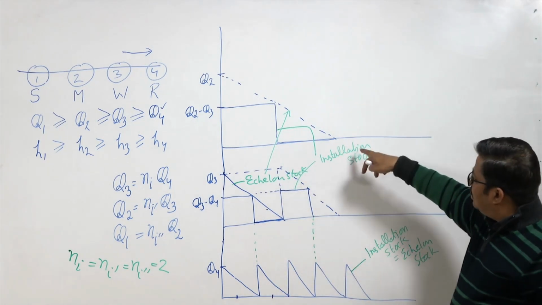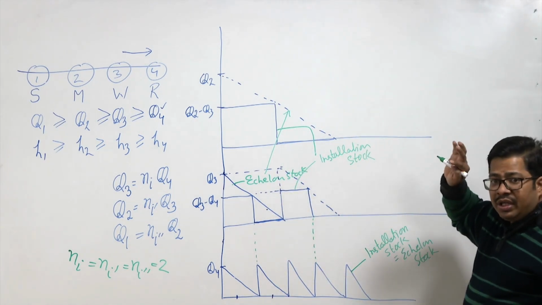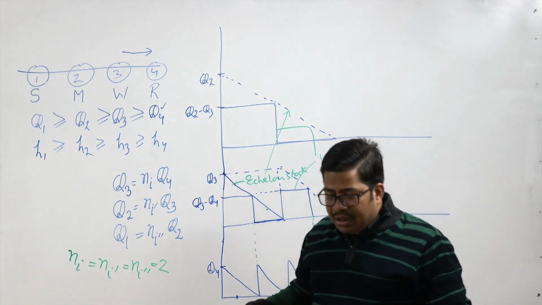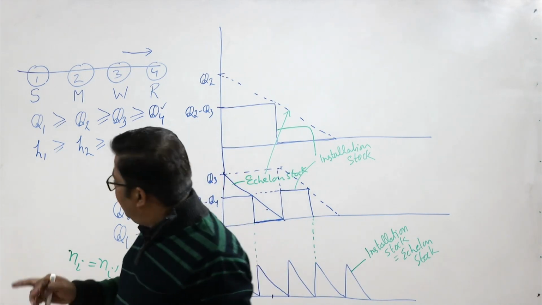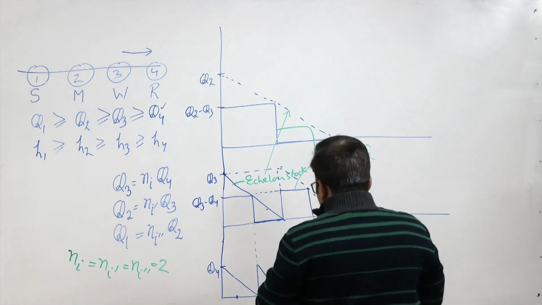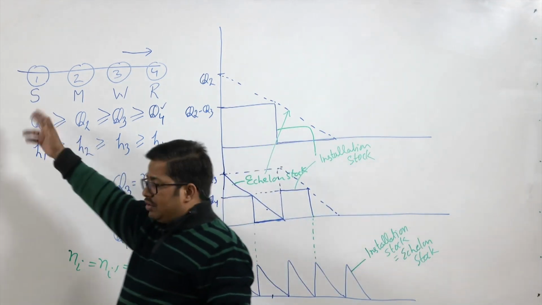So this is again showing that these slant lines make it possible to use the EOQ model at stage 2 also. Now come finally to stage 1.